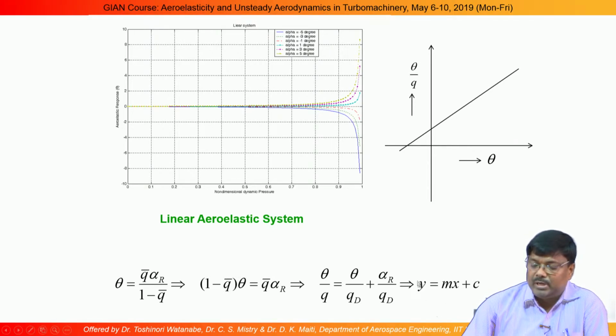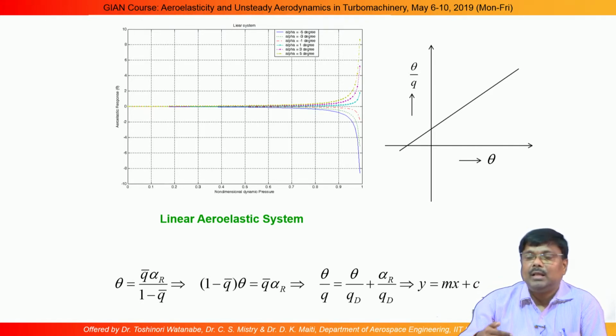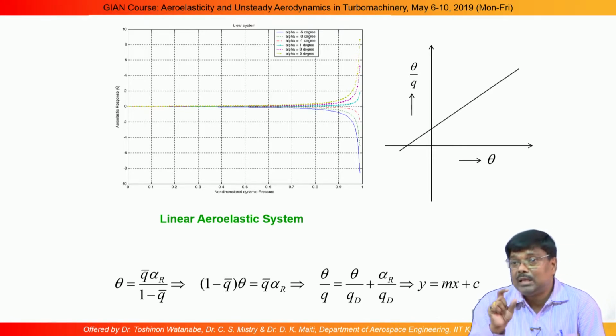So I can treat this relation as a straight line equation, y equal to mx plus c, where y is theta by q and the x axis is theta. If I measure for different dynamic pressures, for different speeds in the wind tunnel, I can calculate q, and I can also measure the additional deformation.